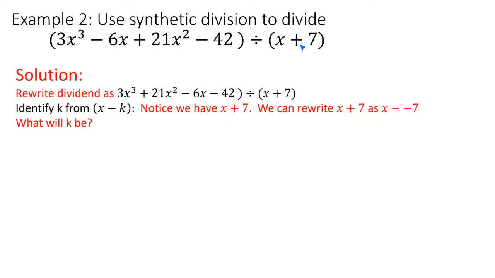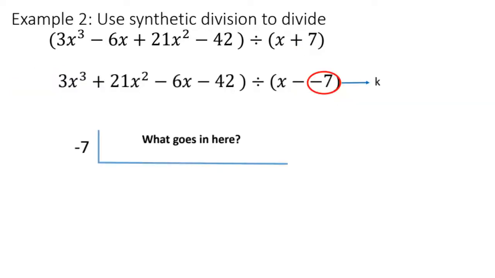So whatever you're showing here, it's going to be the opposite number that we use. So since you have a plus 7, we're going to be using a minus 7. So that would go here. Any questions on that part? Okay, so take about 10 seconds and decide what numbers are going to go in here. Okay.